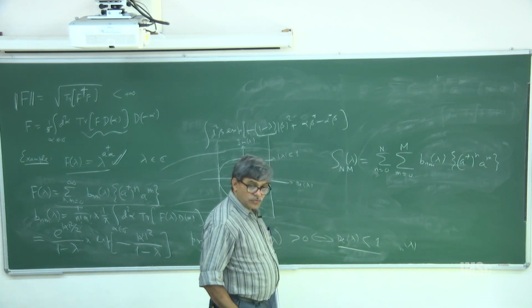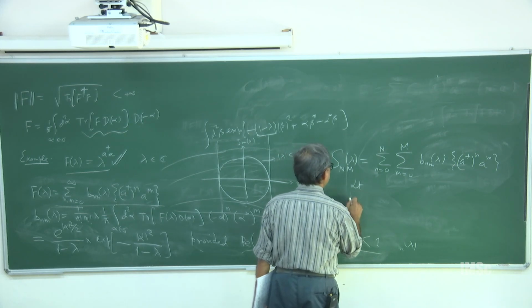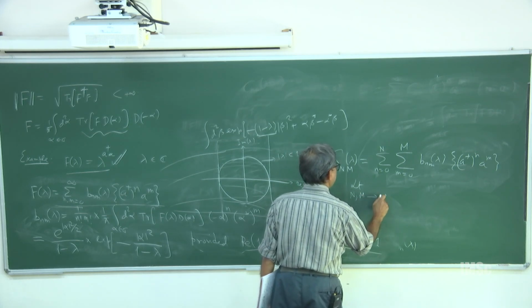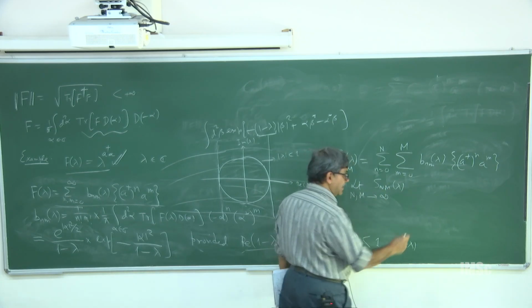So when we say that the series converges, it means that the limit as n and m go to infinity of S n m exists and is finite.